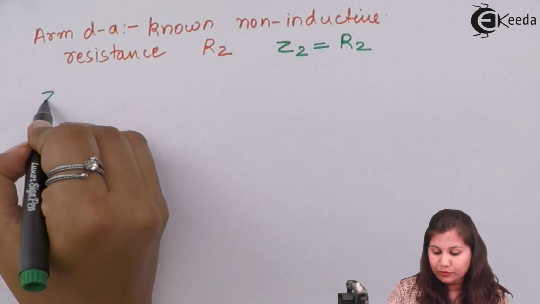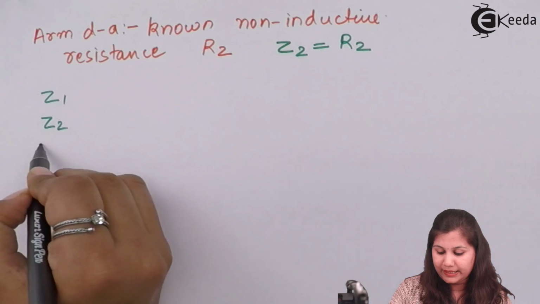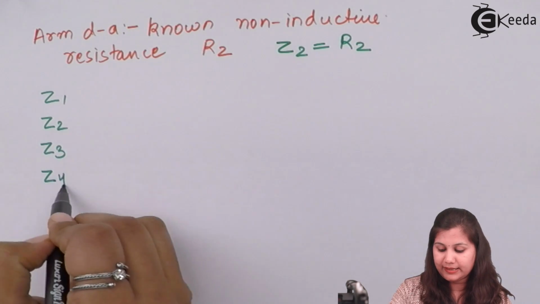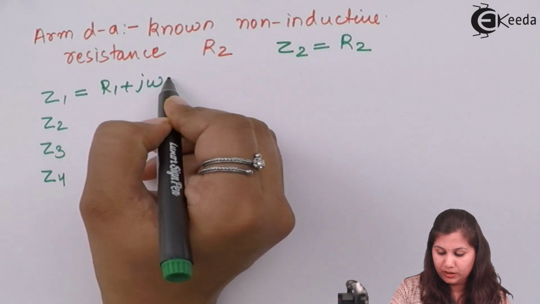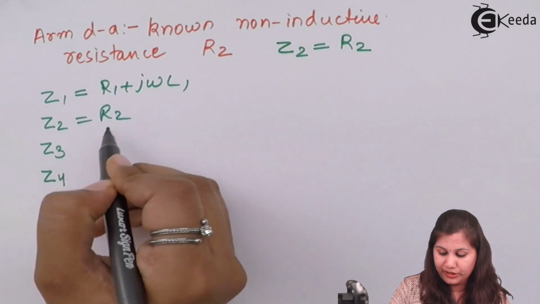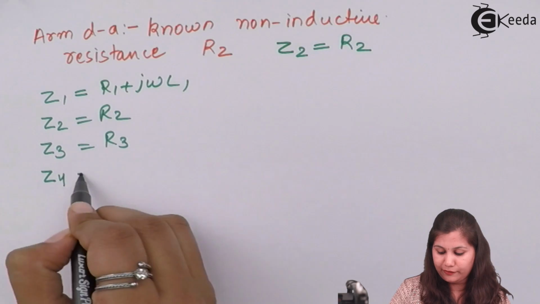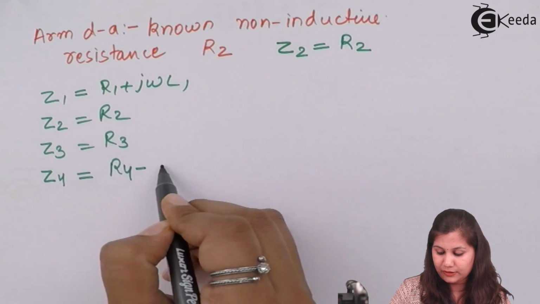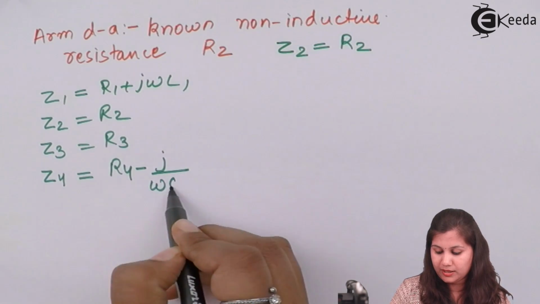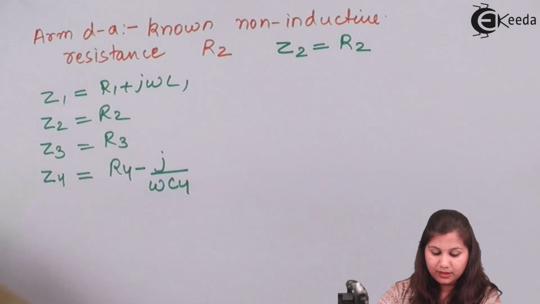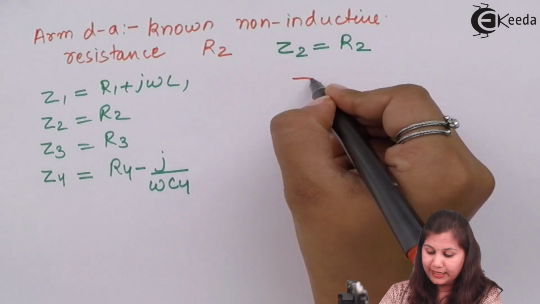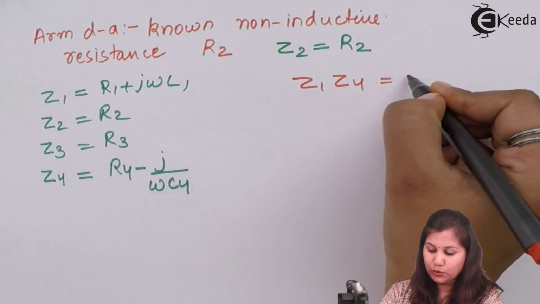So we have got the value of the four impedances Z1, Z2, Z3 and Z4. Z1 was R1 plus j omega L1, Z2 was R2, Z3 is R3 and Z4 is R4 minus j upon omega C4.